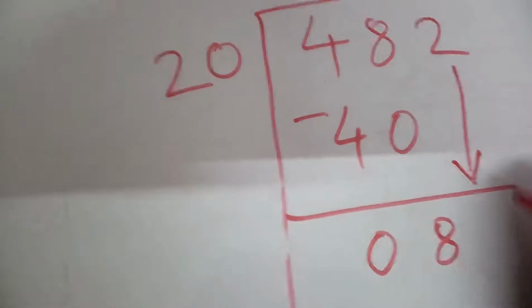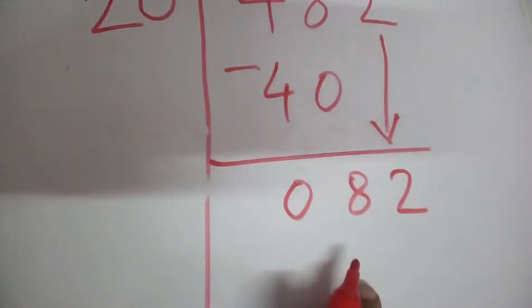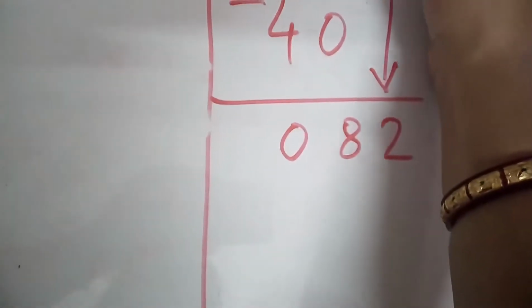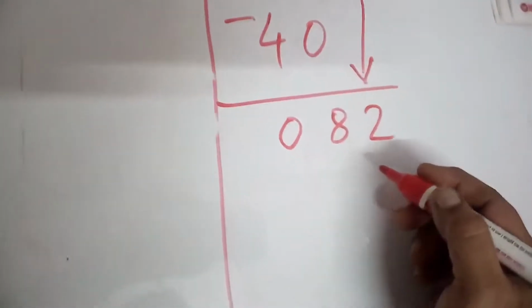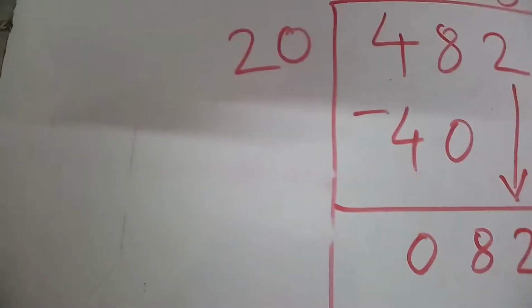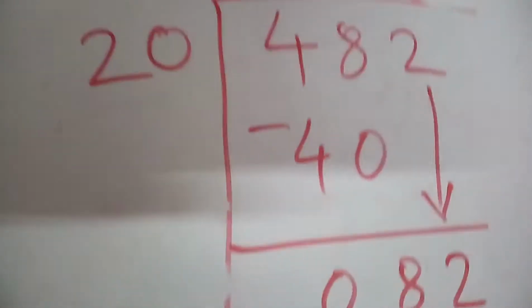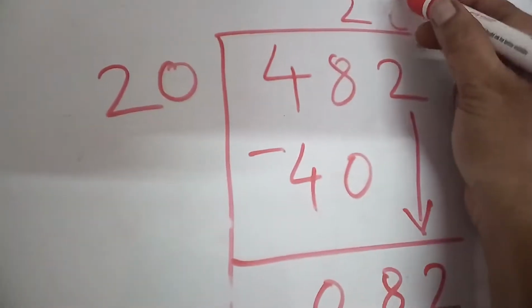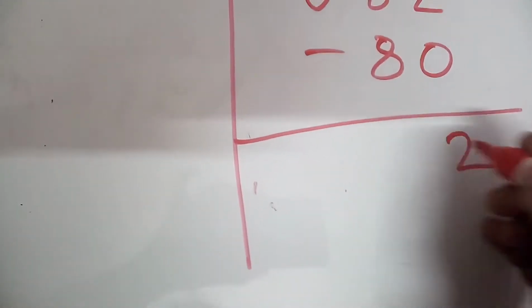Then I will take this 2. 20 4s are 80. So you will subtract 80 from 82. You will get 2 only. This is the remainder and your answer is 24.